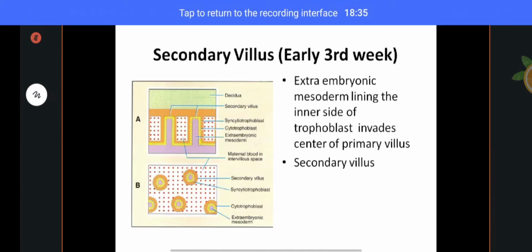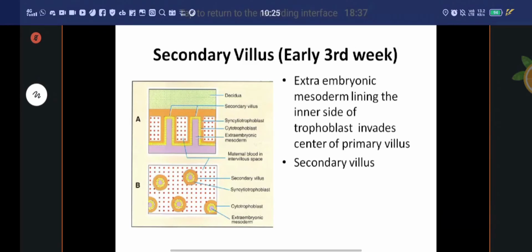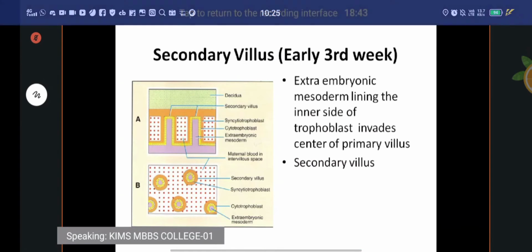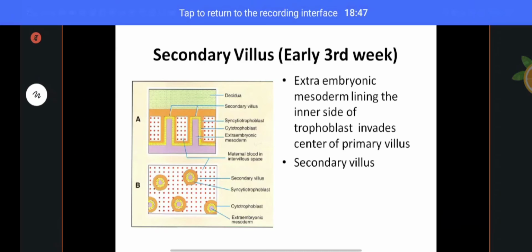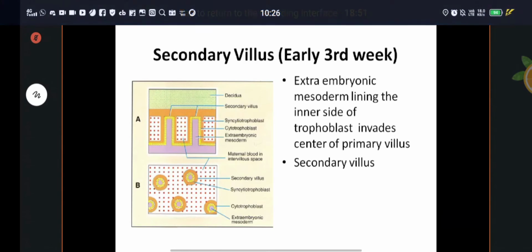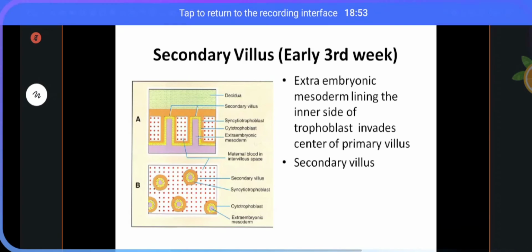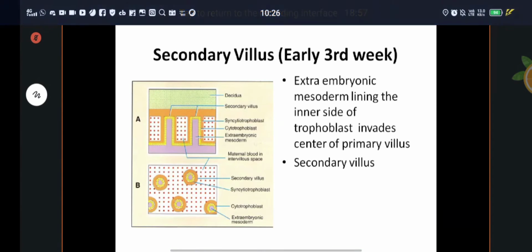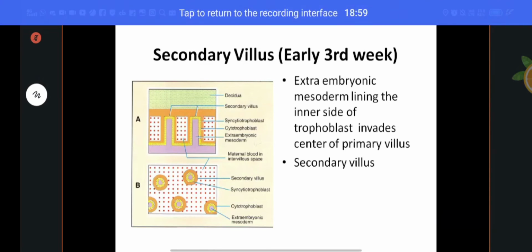These lacunar spaces further unite to form bigger lacunar spaces. They invade the decidua, and the maternal blood vessels will be eroded. The blood of the maternal blood vessels will be poured into these lacunar spaces so that the uteroplacental circulation develops. And next, the chorionic villi develop.